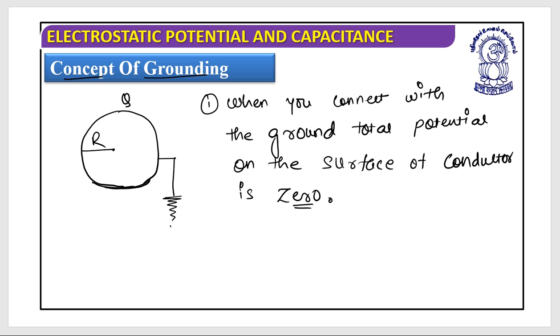Next, what about the charges? Sometimes we understand that when we connect with the ground, our total charge would be lost, or the total charge would be zero. This could not be the case every time.